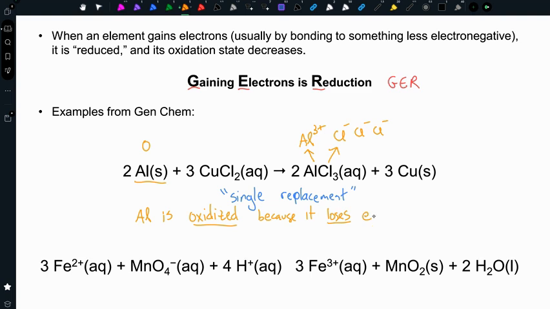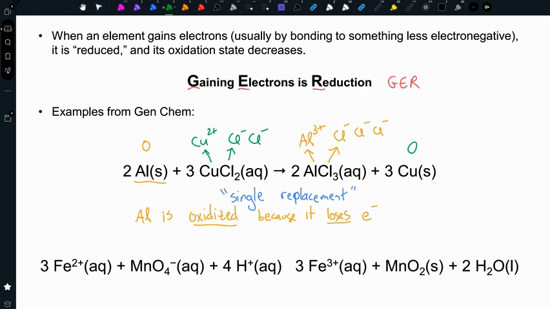At the same time, copper starts out in this copper 2 chloride. Its charge is 2 plus. Copper 2 chloride is Cu2 plus and 2 Cl minus ions. Whereas when it's done, it has a charge of 0.